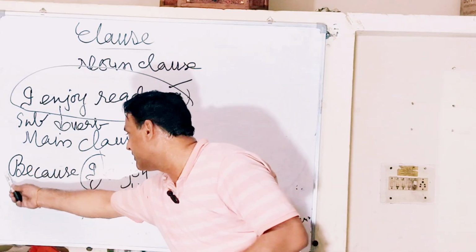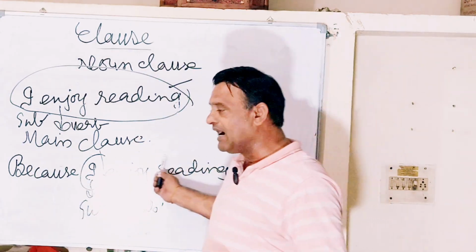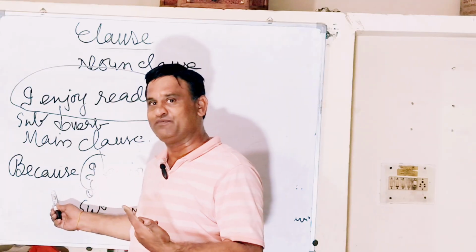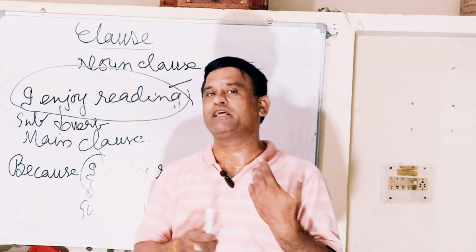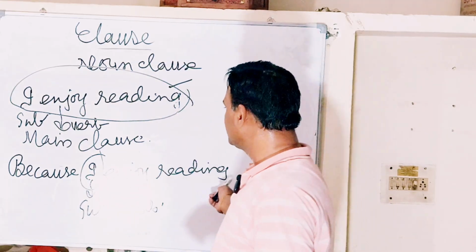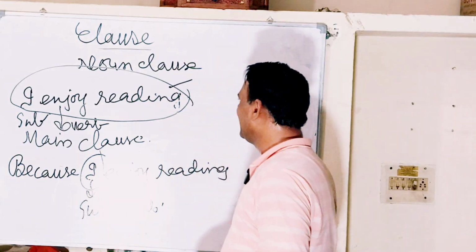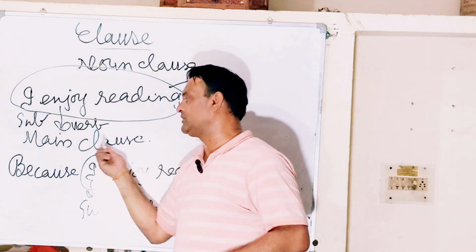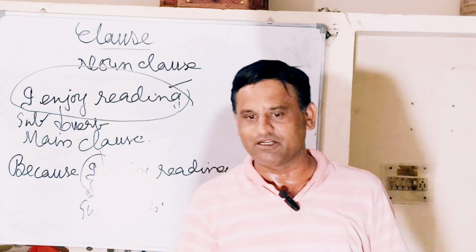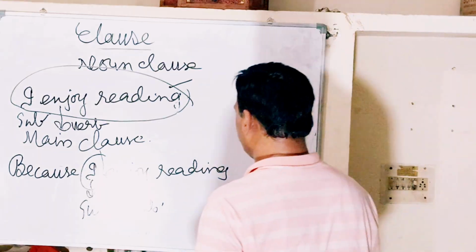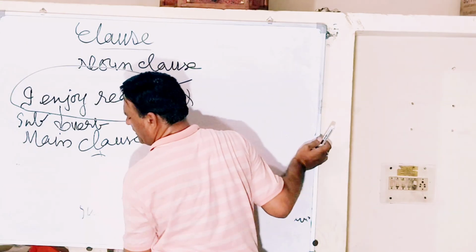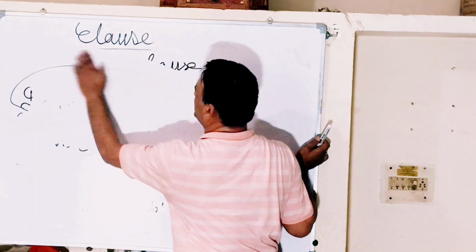Therefore, it is a subordinate clause. It asks something to be added. So that is incomplete thought, and this one is a complete thought. This is the difference, and let us now study about the noun clause that I have previously written.